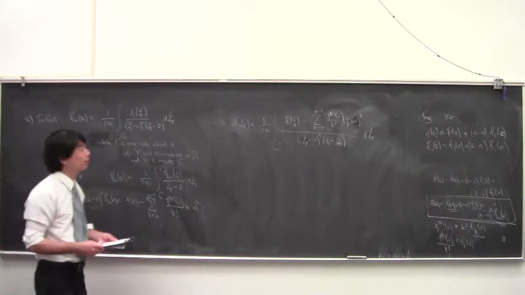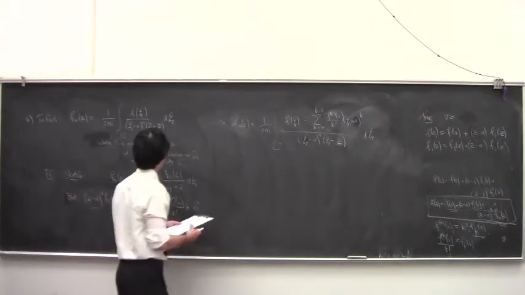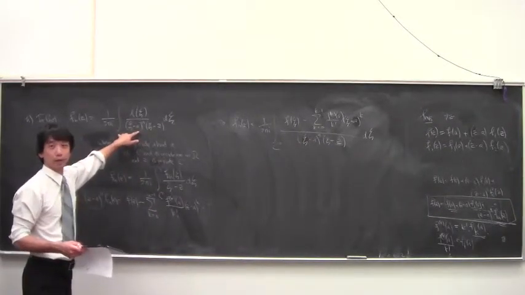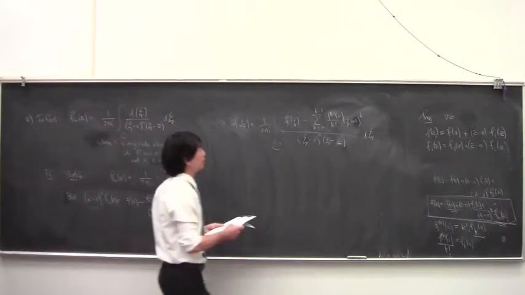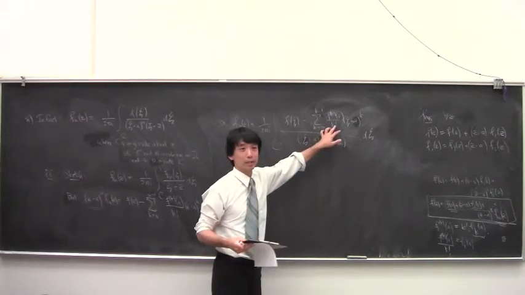Right. Okay. So what you see is that, right, you basically have the thing that you're looking for. Right. Except you also have an integral involving things that look like this.